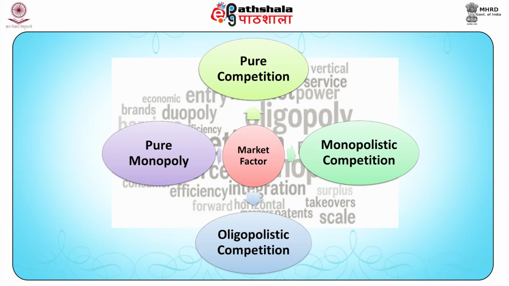Pure monopoly. It consists of a single seller. The seller can be a government monopoly or a private monopoly, or can be called in terms of regulated or non-regulated monopoly. Pricing is set differently in each case.